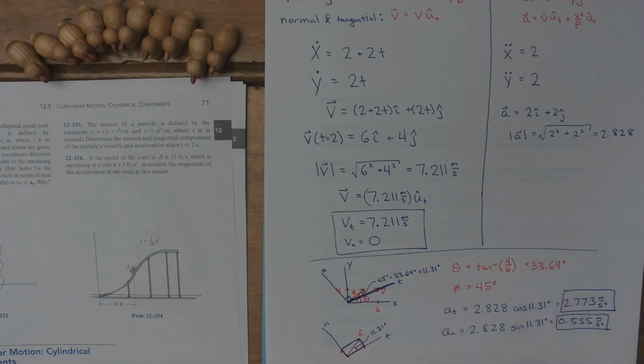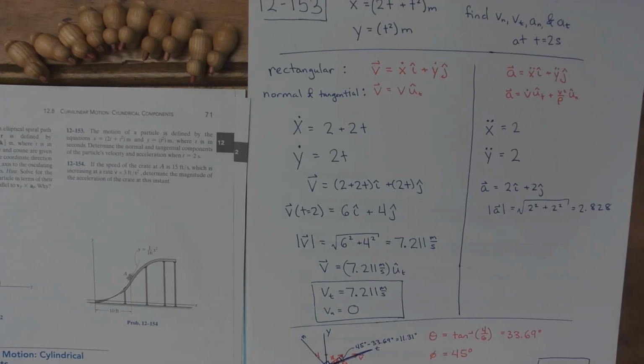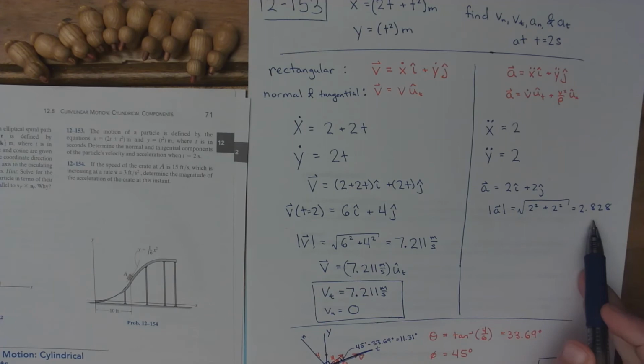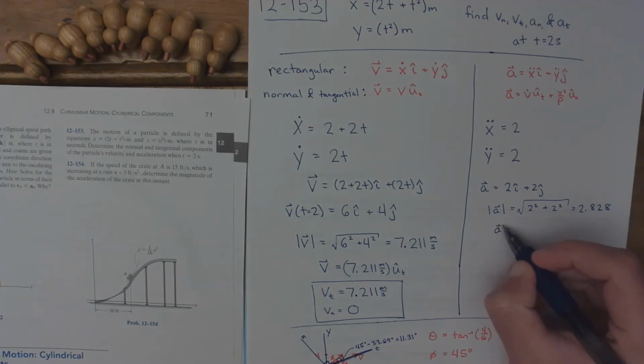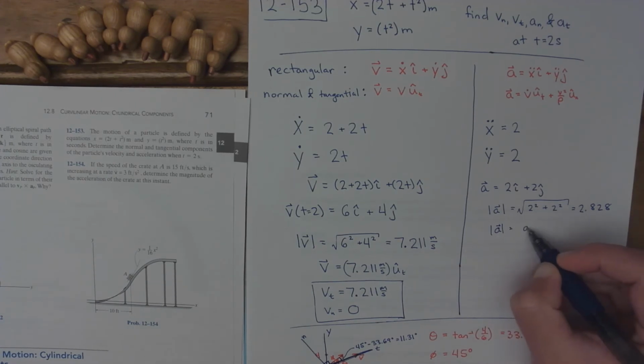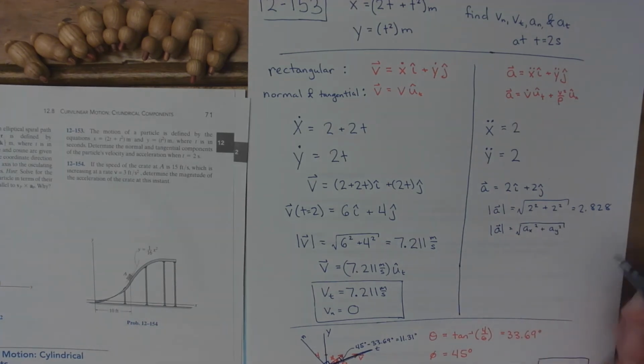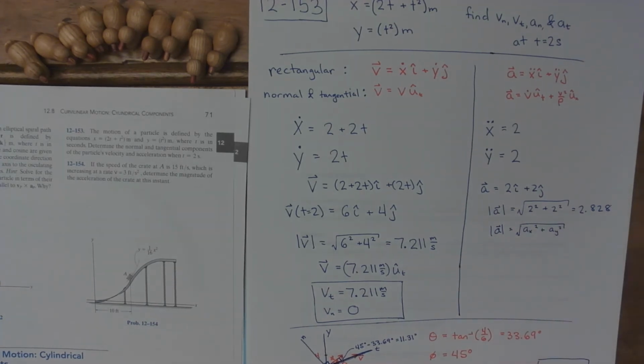But there's another way we could have solved this. So let's look at that just for fun. I know the magnitude of the acceleration, and let me just write out what this formula was. This is the x component of the acceleration squared plus the y component of the acceleration squared, and that gives me the magnitude of the acceleration.